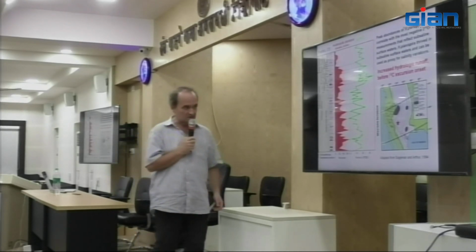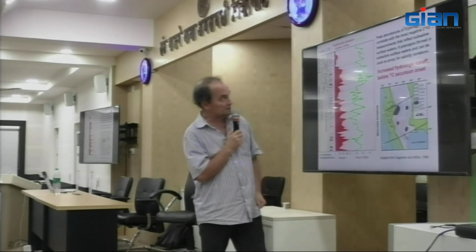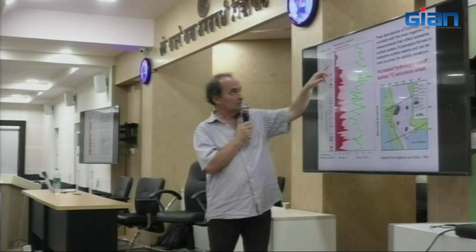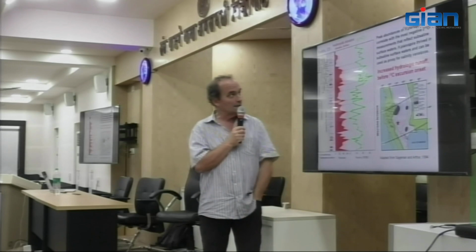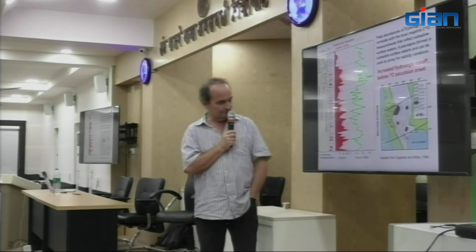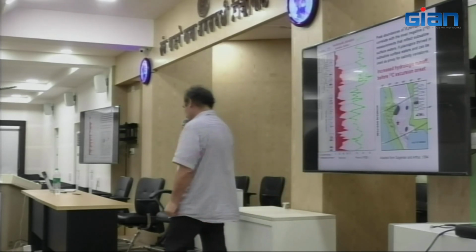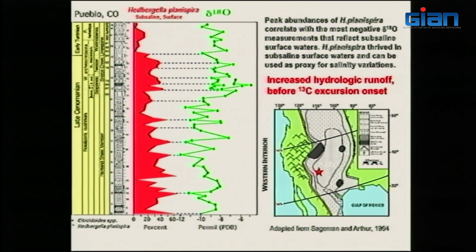We ran some stable isotopes, oxygen stable isotopes, on some very tiny foraminifera, which are generally considered as subsaline foraminifera living at the surface. And interestingly, you can see that these values are very, very negative. So in order to obtain very negative values of oxygen isotopes, well, you can do two things.